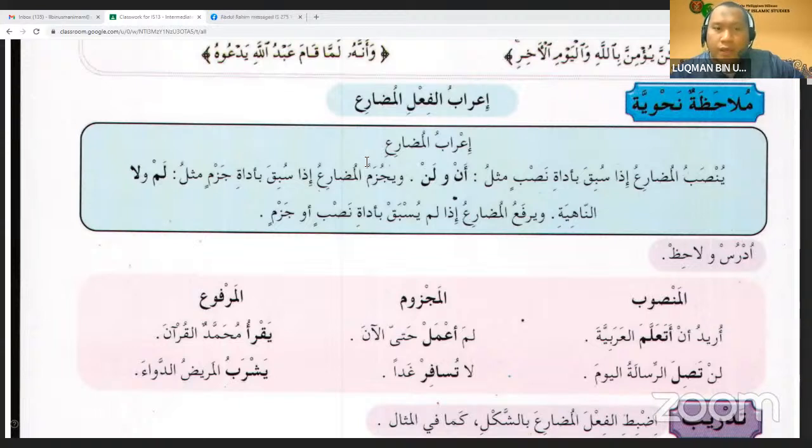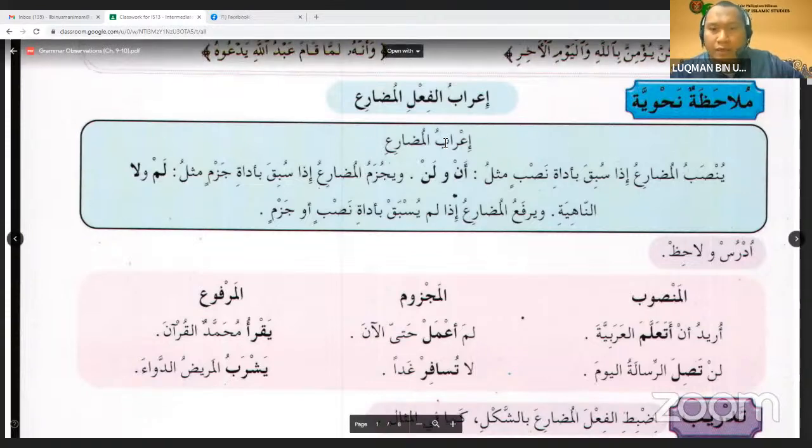This happens when the fi'al mudari' is preceded by a tool of jazm, a jussive tool, like lam and la nahiya. Lam is the negative, and la nahiya is the forbidding la. Okay, I hope that's clear.